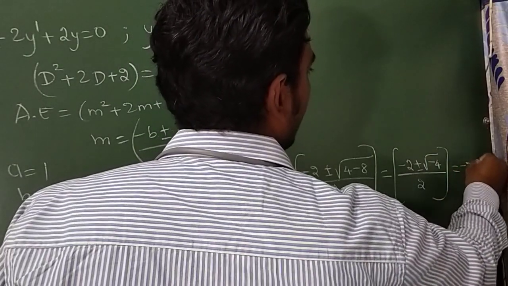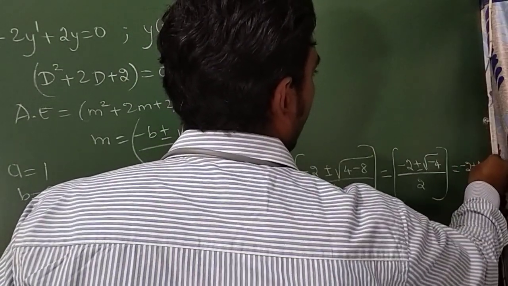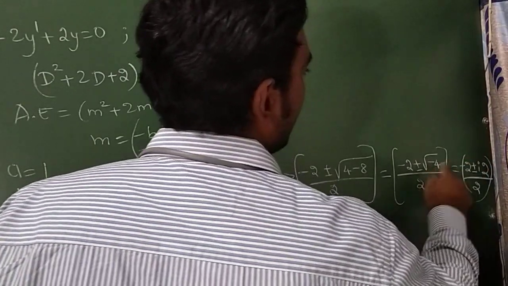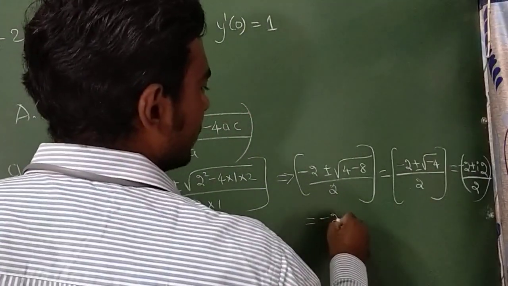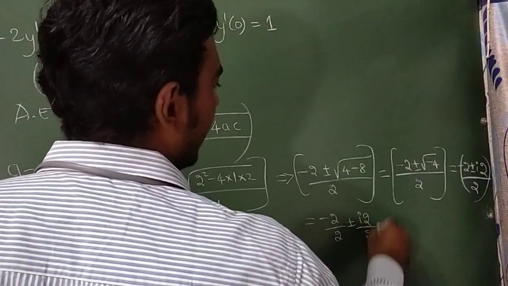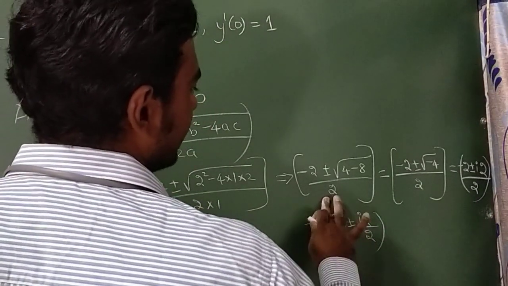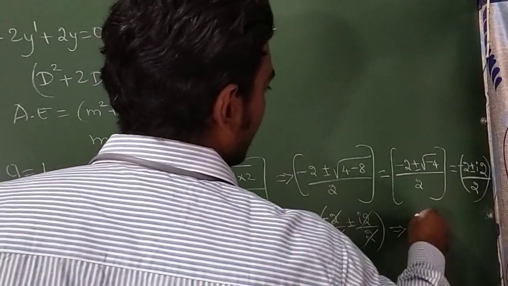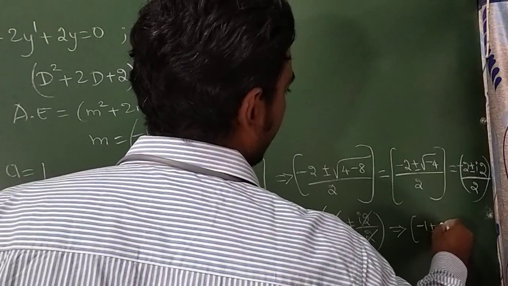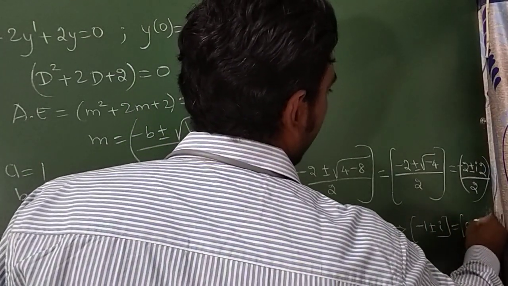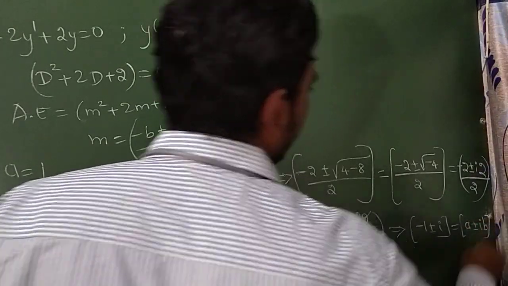So square root of minus 4 can be written as 2i. Okay, so I'll separate this. Minus 2 divided by 2 plus or minus 2i divided by 2. The 2 gets cancelled. So the answer is minus 1 plus or minus i.